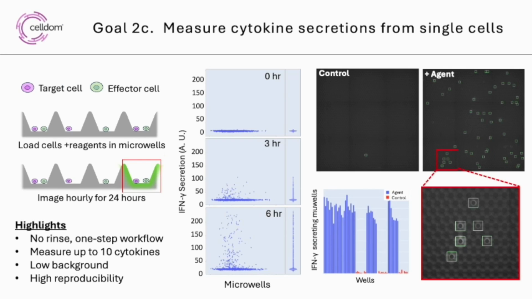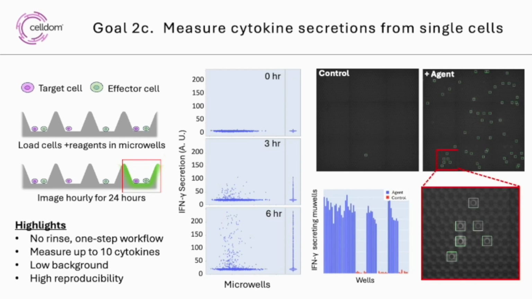Okay, so having established the limits of detection, next we aim to show the ability to measure interferon gamma secreted from individual cells inside those microwells. In this experiment, we established a co-culture of dendritic cells and T cells from an HLA-0201 donor that were exposed to MART1 peptide, which is a peptide derived from melanoma cancer cells that is known to be overexpressed in the subpopulation.